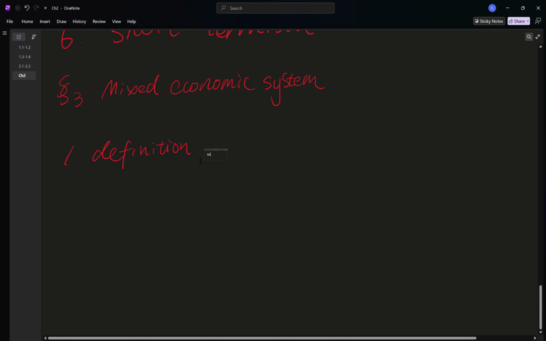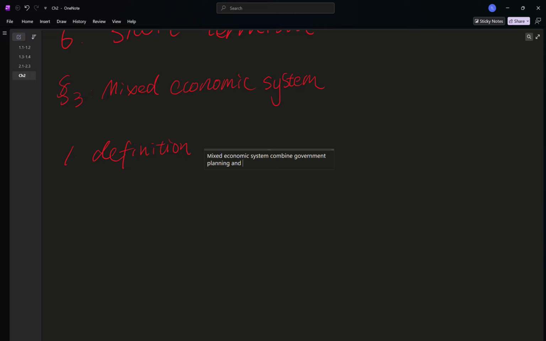So, mixed economic system: a system combining government planning and ownership of resources with the use of the free economic system to determine the allocation of resources in the economy.